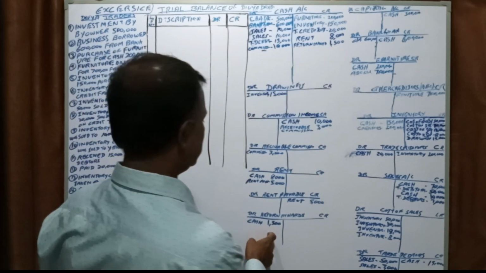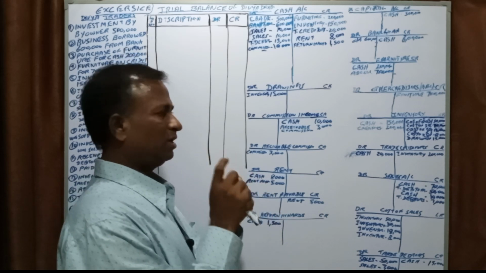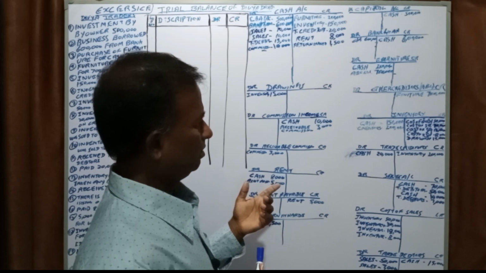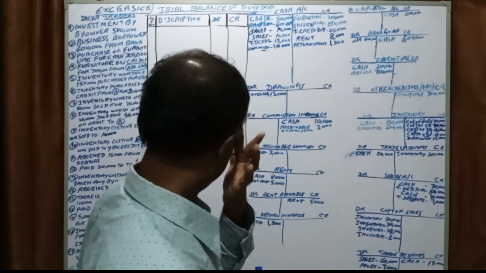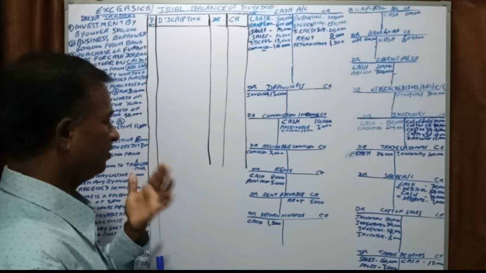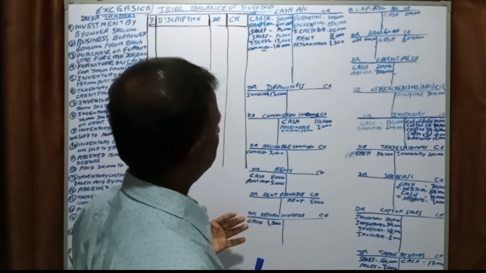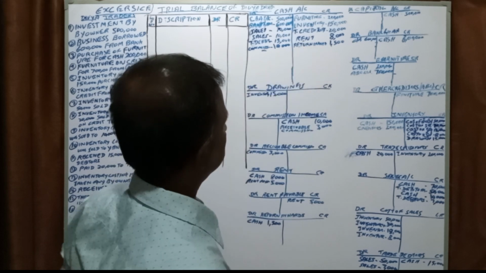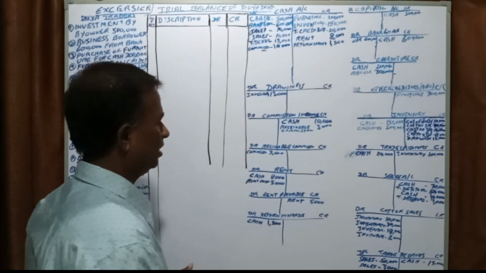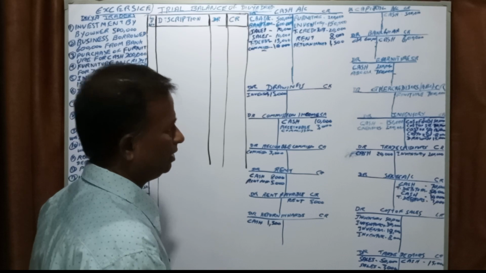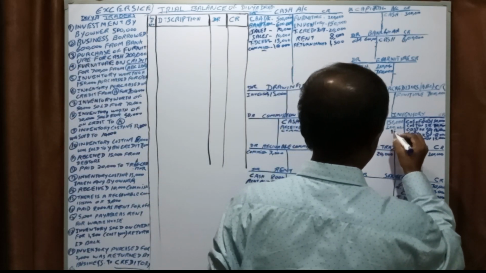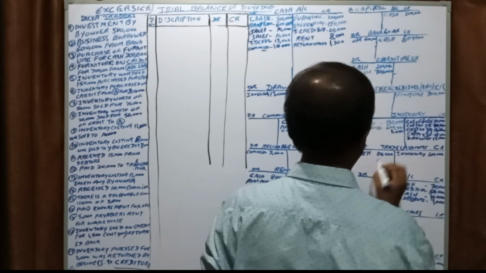Then we have to remove the cost part of the return, right? And we have to add that cost part of the return. 1,000 worth of goods had been returned. That means inventory account has to be added by 1,000, right?